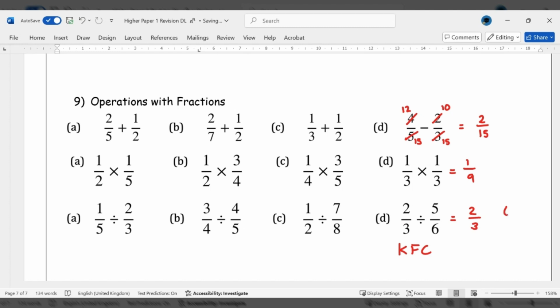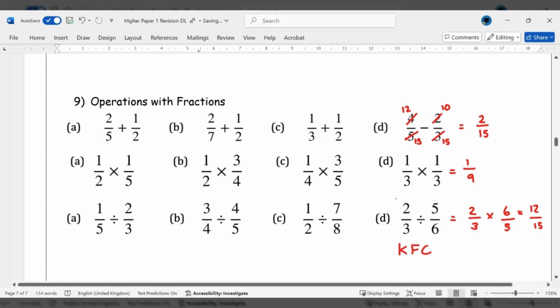Flip the second one, so instead of 5 over 6, it's 6 over 5. And change, C for change, the divide to a times. Then you can just times the top. 2 times 6 is 12. And times the bottom. So KFC for dividing. Change that divide to a times and flip the second fraction over.